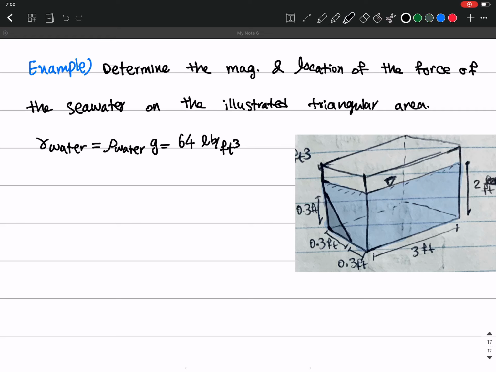The water is just exerting a force. So this is like something like this. Okay, we have pressure here. So this is a vertical plane. And now we want to find the magnitude of the force and also the location of the force on this, not inclined, on this vertical plane, okay? So we have a vertical plane.